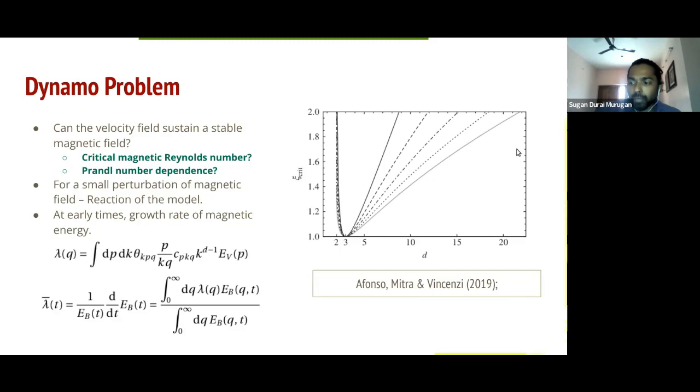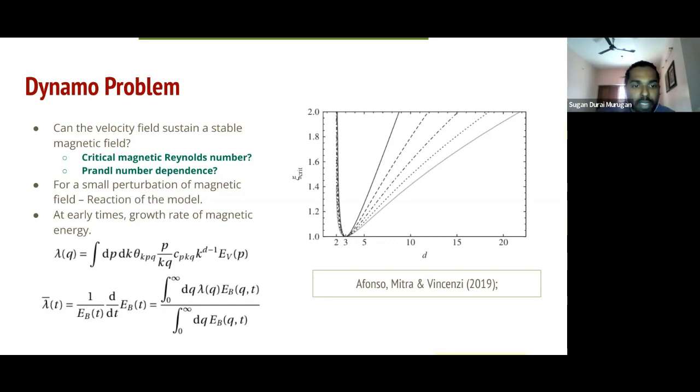So moving on, in the dynamo problem, in our model, suppose we have a stationary kinetic spectrum, if we seed in a small magnetic energy, how does the magnetic energy grow? So with our model, one can arrive at this particular form of equation, assuming that the self-transfer energy, when integrated over, goes to 0 because it is merely interaction between different modes, and altogether they do not bring in energy.